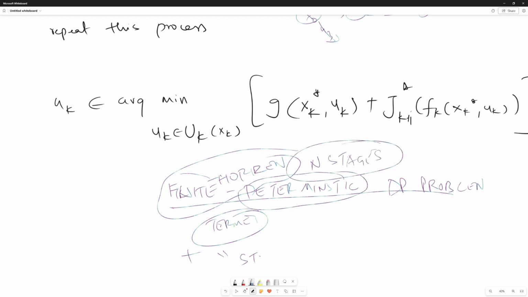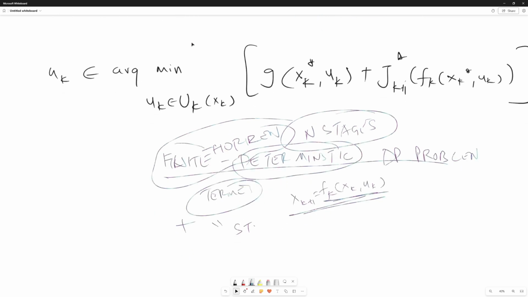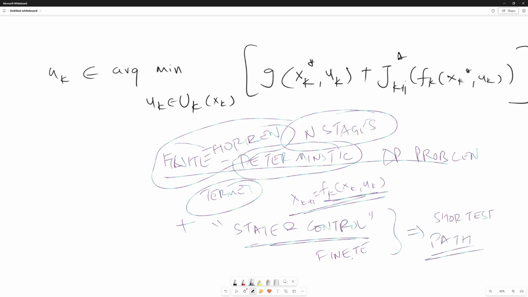Deterministic because the transition is completely deterministic, which is f_k(x_k, u_k). There is no stochasticity in this equation that gives the state x_{k+1}. And if you add the condition that the state and control spaces are both finite, it becomes equivalent to the shortest path problem. We saw the principle of optimality, and I explained that.